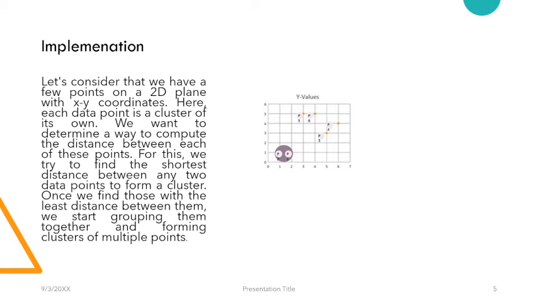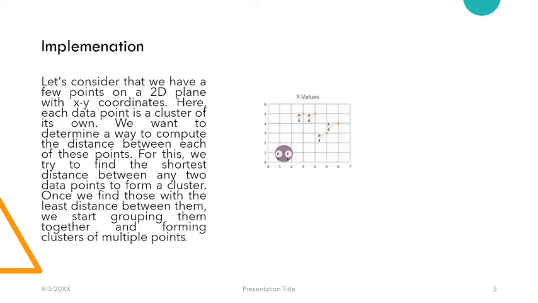So let's consider that we have a few data points on a 2D plane with the x and y coordinates. Each data point can be considered as a cluster of its own. Now we want to determine a way to compute the distance between each of these points.